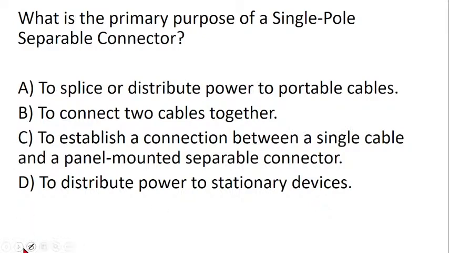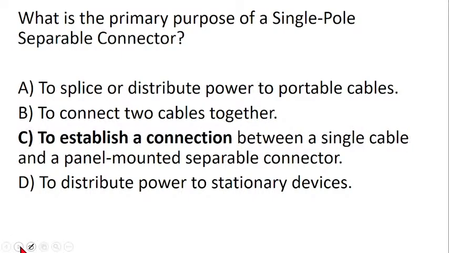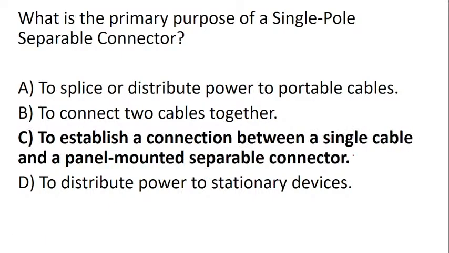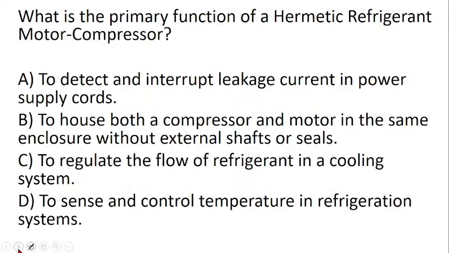Okay, so the correct answer is letter C, no? To establish a connection between the single cable and the panel-mounted separable connector. Okay, next. What is the primary function of a hermetic refrigerant compressor?